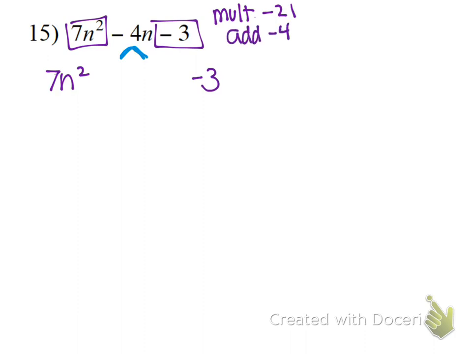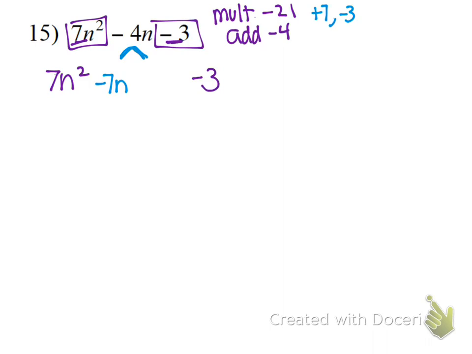I got the negative 21 because I multiplied the 7 and the negative 3. And then I got the negative 4 because it's in the middle. So the two numbers that multiply together to be negative 21 and add together to be negative 4 are positive 7 and negative 3.